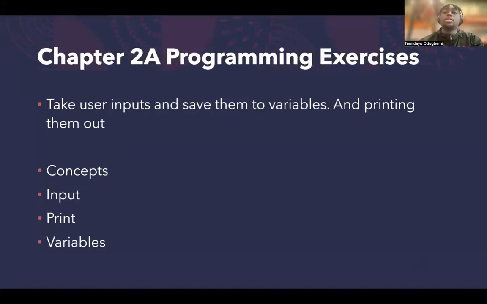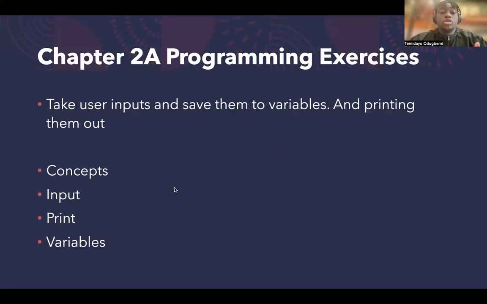Chapter two program exercise. We're able to take user inputs, save them to variables, and also print them out. In this, we're able to ask the user any question we want, and they're able to type in whatever they want.